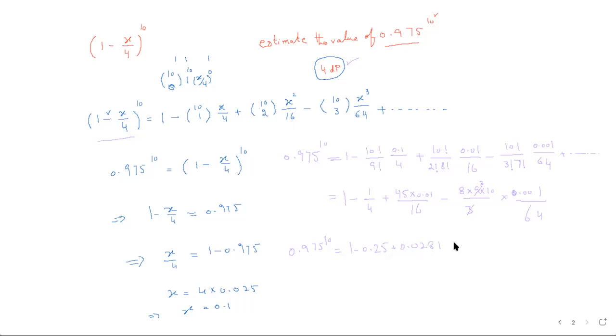We will not take the next number. Okay, so first minus, plus, and this term is again negative.